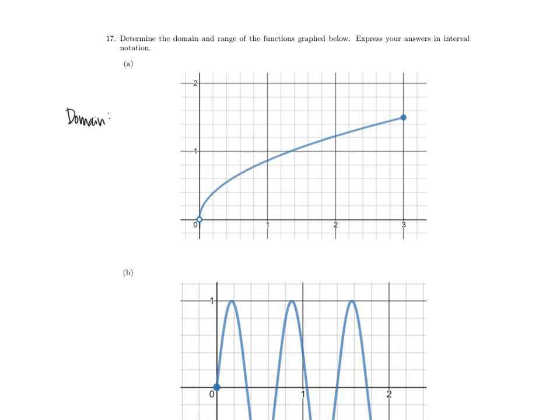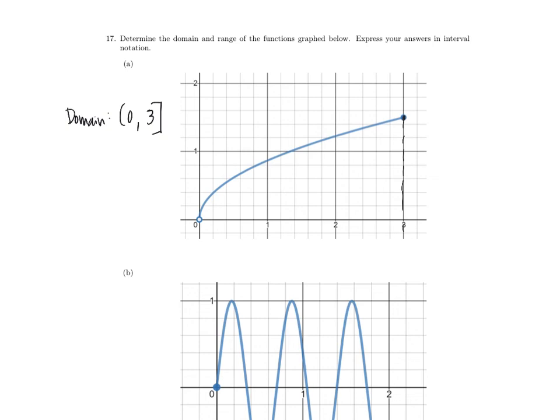So this is the furthest left we get. So we can see that that is 0. And so it's an open circle at 0. That means 0 is not included. So it's going to be a parentheses. And then it goes all the way over to this dot, which is the 3. It's a closed circle, so that will be a bracket. So the domain from left to right is 0 to 3.